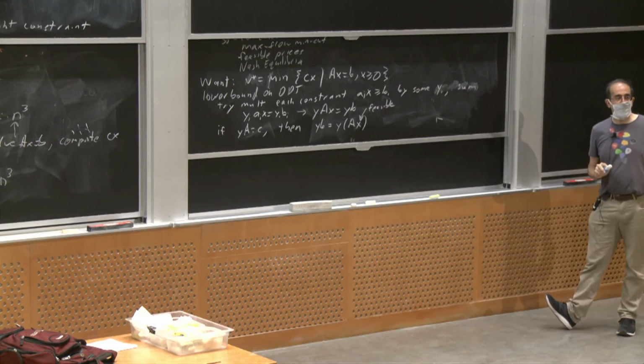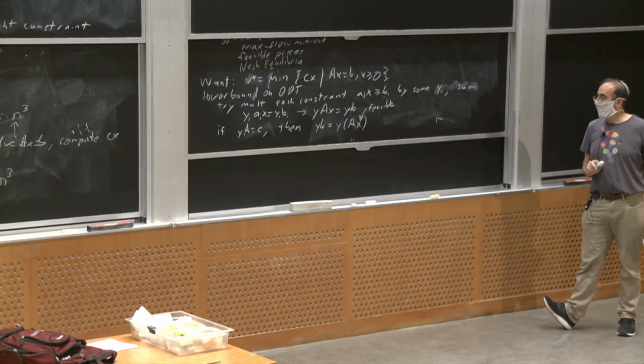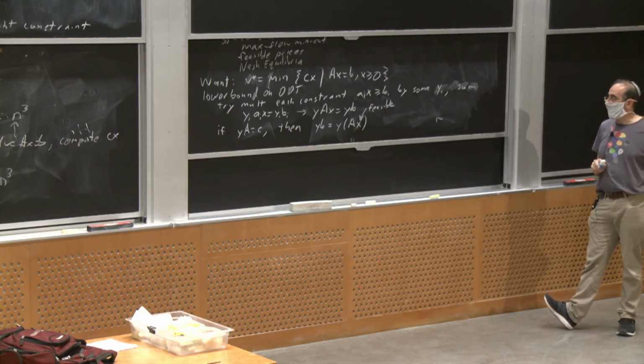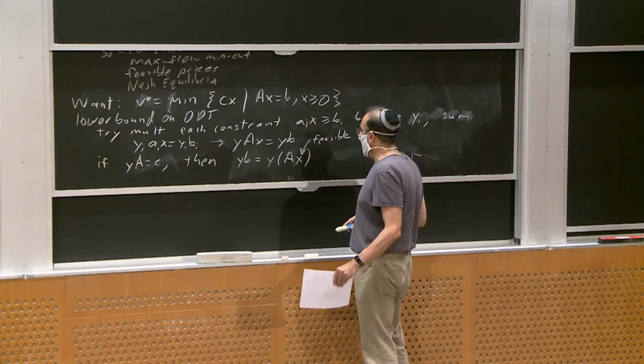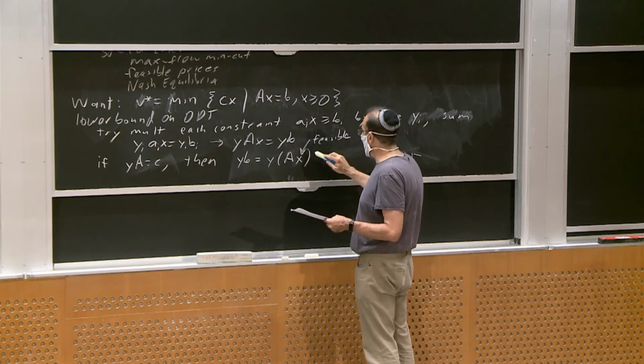Right? Because for a feasible point, Ax is equal to b. Right? But we already said that yA is equal to c.